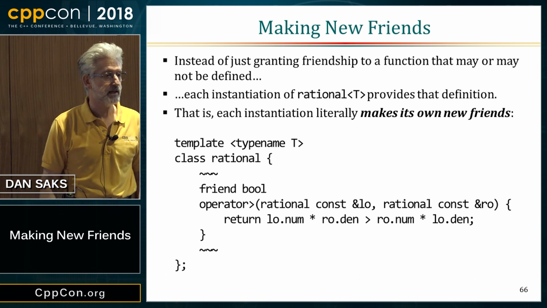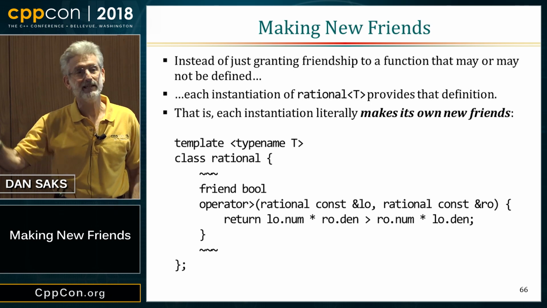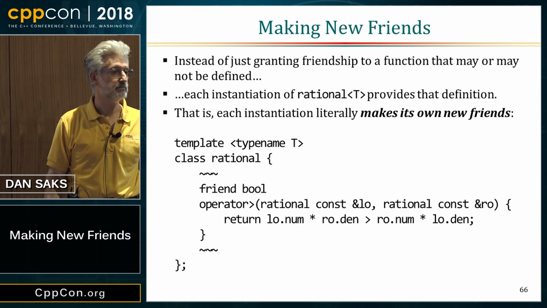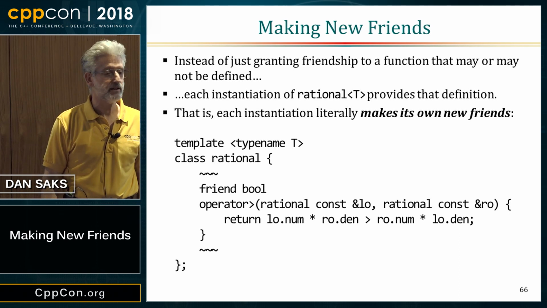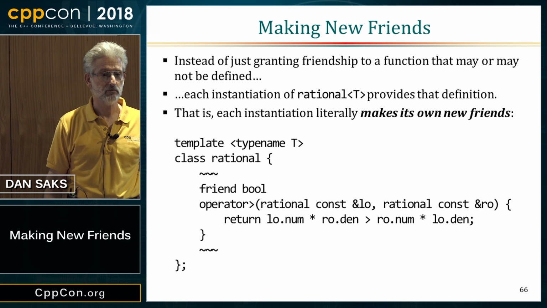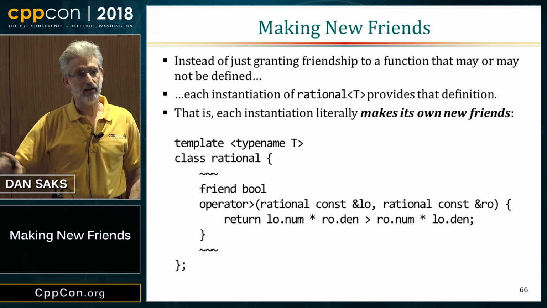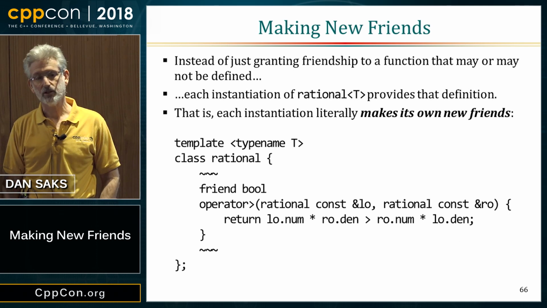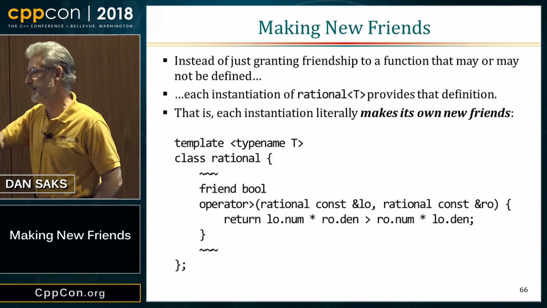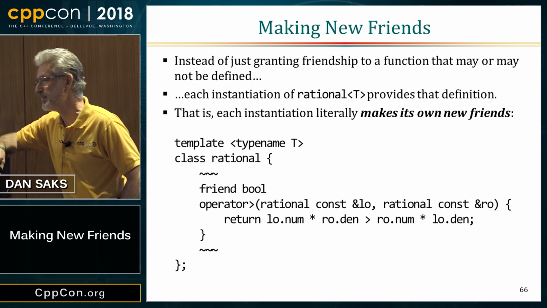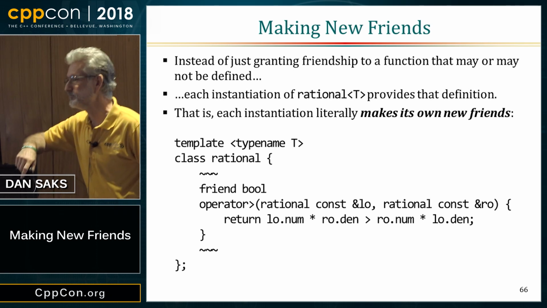That's where this idiom gets its name: the class template instantiation is making its own friend. And that function itself is not a template. It's a non-template function that is manufactured as a side effect of the template instantiation, which is as good as it being a template. In fact, as you'll see in just a moment, it's actually better than if it were a template.